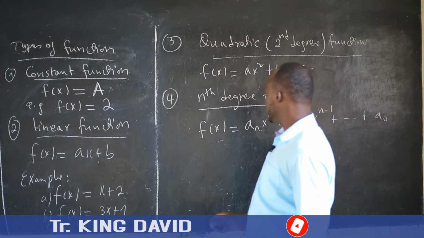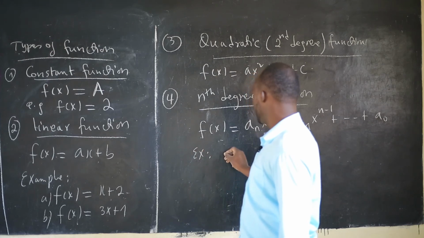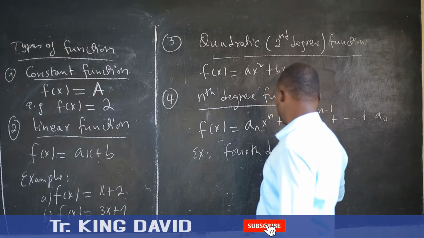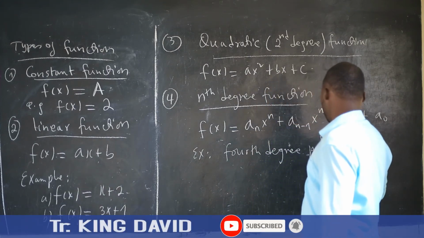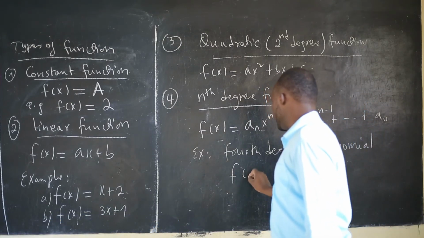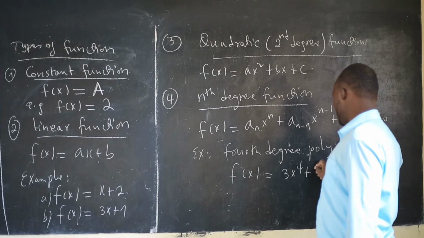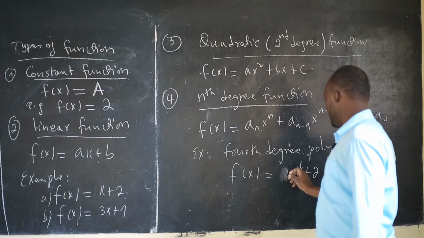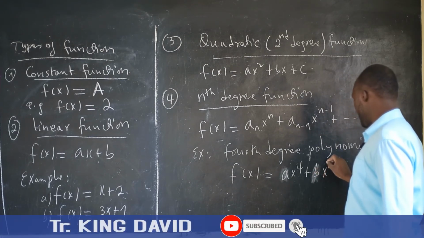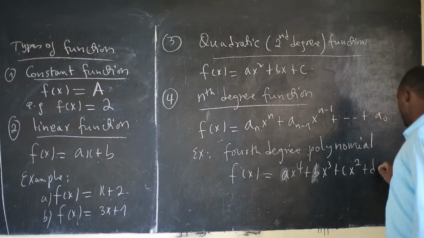For example, a fourth degree polynomial means f of x equal to ax to the power 4 plus bx to the power 3 plus cx squared plus dx plus e.